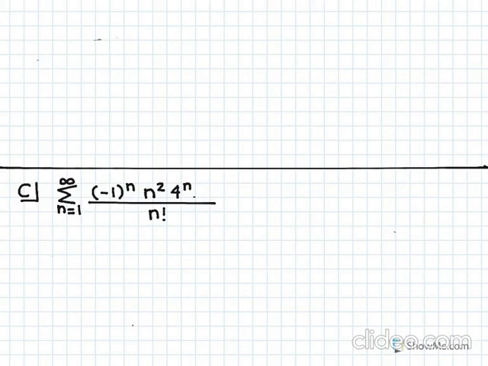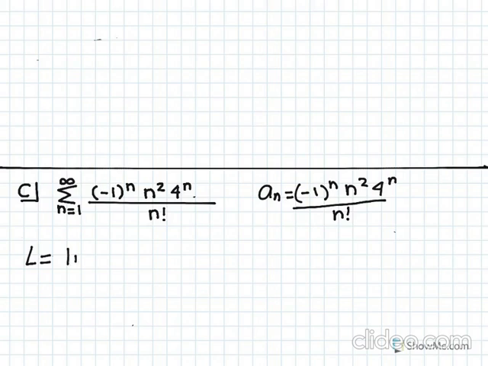All right, so let's apply the ratio test with a sub n equal to negative 1 to the power of n times n squared times 4 to the power of n divided by n factorial. So L is equal to the limit as n approaches infinity of the absolute value of a sub n plus 1 divided by a sub n. So we have L equal to the limit as n approaches infinity of the absolute value of negative 1 to the power of n plus 1.